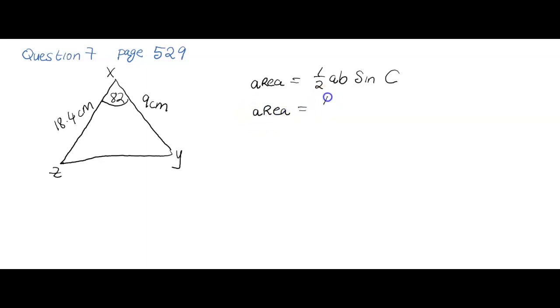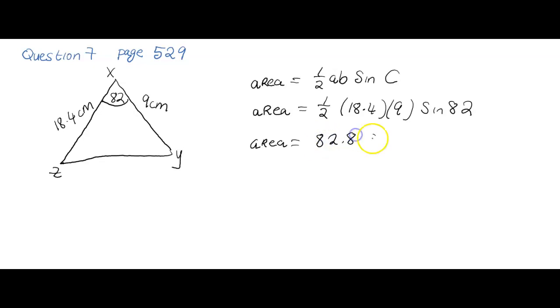Area then is equal to half of 18.4 by 9 sine 82. So area then is equal to half of 18.4 multiplied by 9, which is 82.8 sine 82.